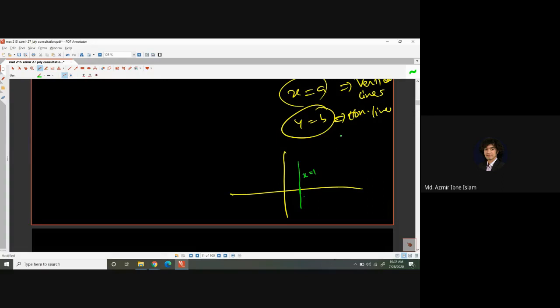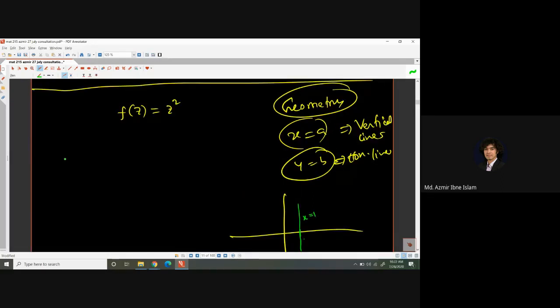Is that okay? So that means in the z plane, we have x equal to 1. The figure is looking like this. Now we have to check what is the image of x equal to 1 under this mapping in the w plane.